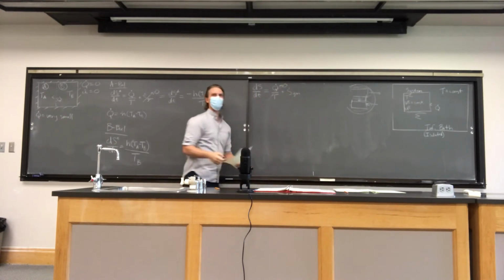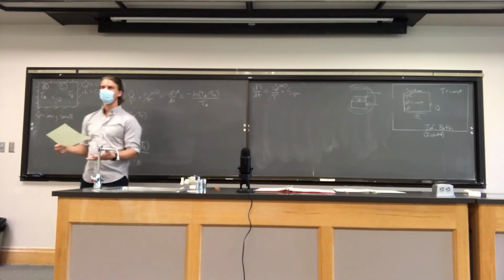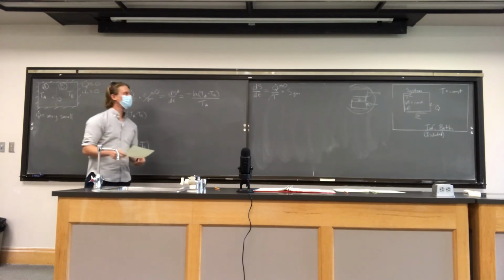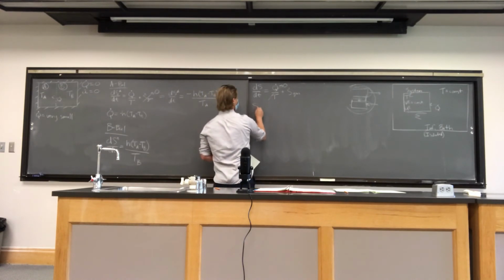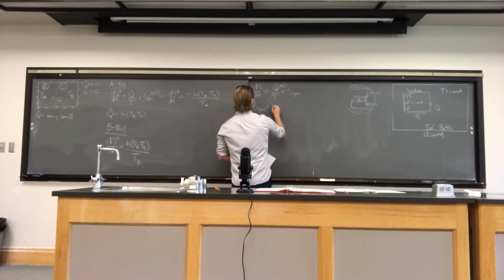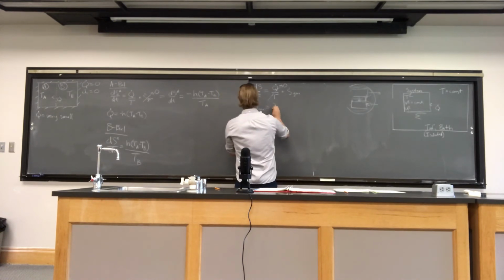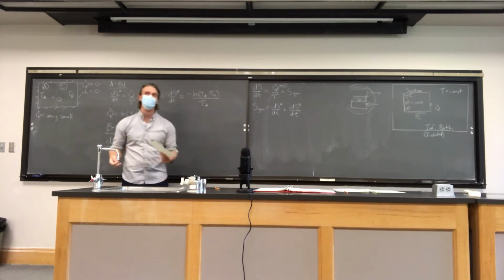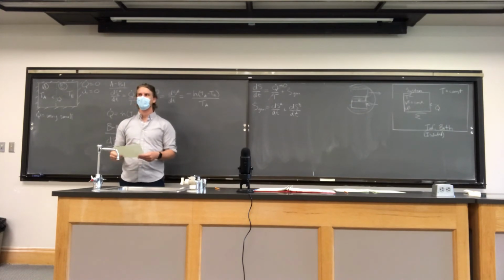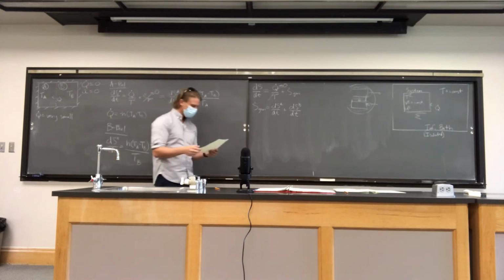This term goes to 0 because it is an isolated system in the universe. Which means that the rate of entropy generation is going to be the addition of dSA/dt plus dSB/dt, exactly like that heat exchanger example I demonstrated.